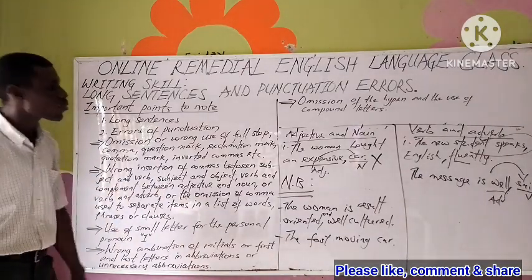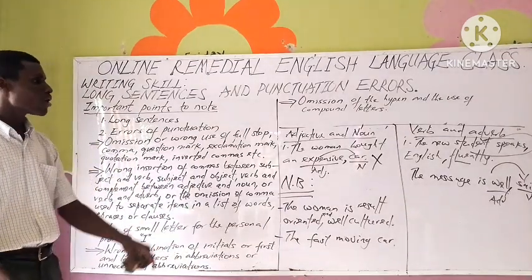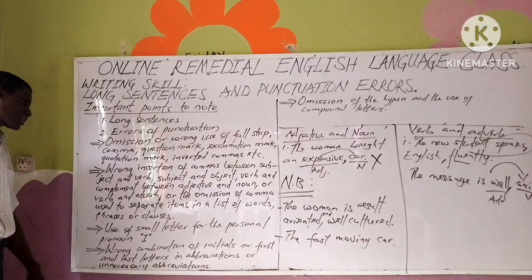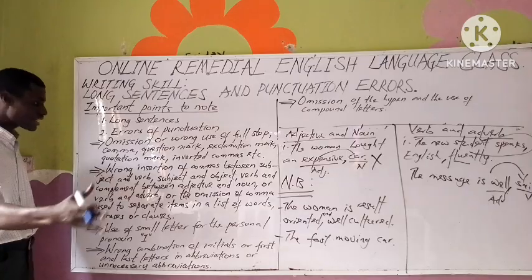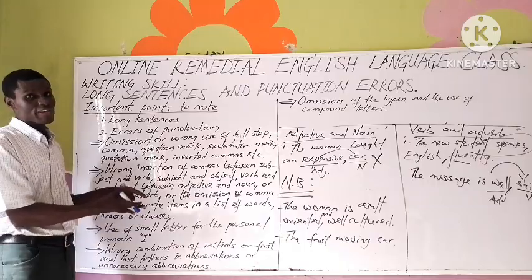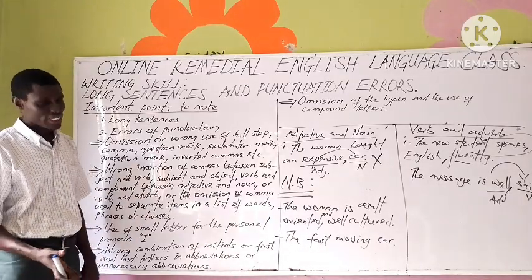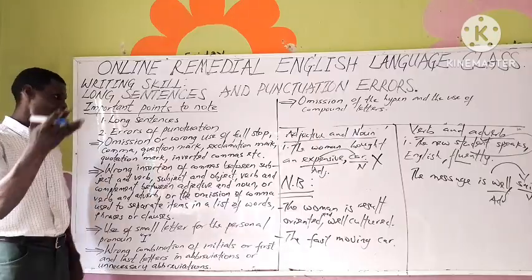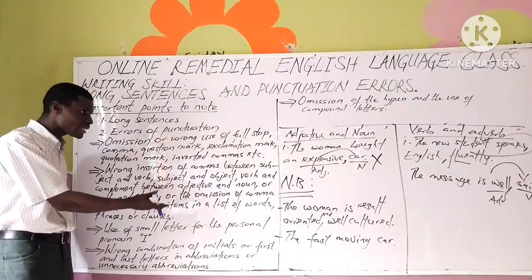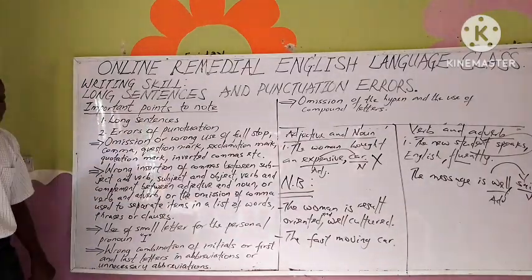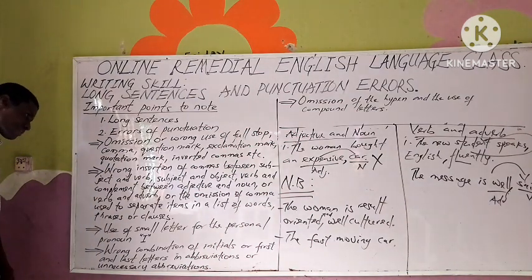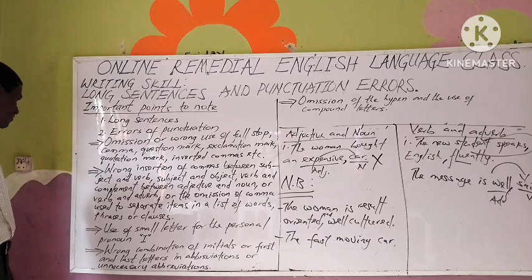I think comma is the most abused punctuation mark. And mind you, these points are gotten from the Chief Examiner's report, so they are not my own idea. But I can tell you from experience, students are always victims of this. So please, let's work on this so that you can improve your academic performance and your writing skill. And that is very, very important.